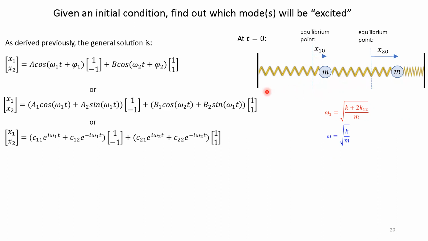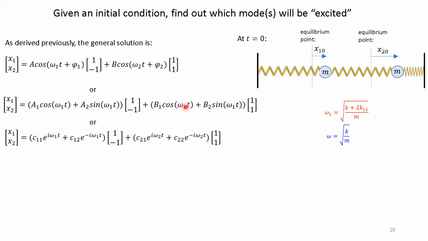First of all, the general solution that we have derived is this one, or you can write it as this one, or write it in the complex exponential form. These three are all different ways to express the general solution. For convenience, I'm just going to use this form over here.